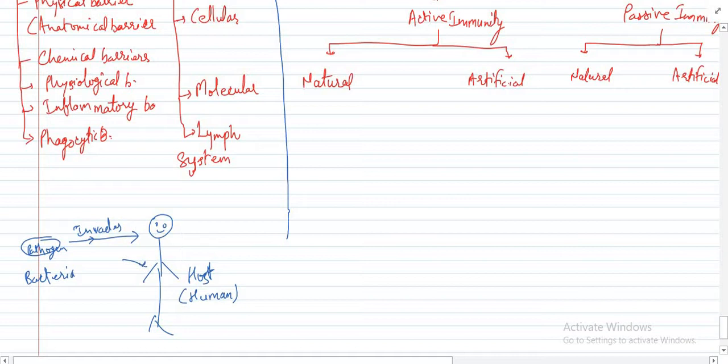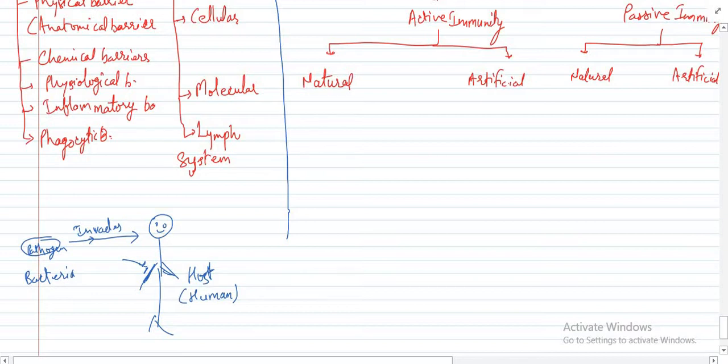Whenever they attack, they have to pass through the skin, right? So skin is a physical barrier, an anatomical barrier. It can't easily be passed by the pathogen.